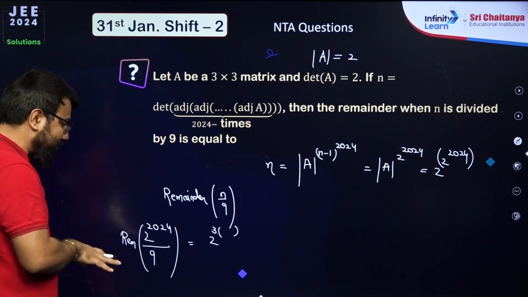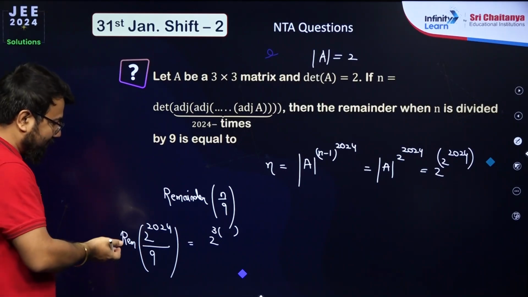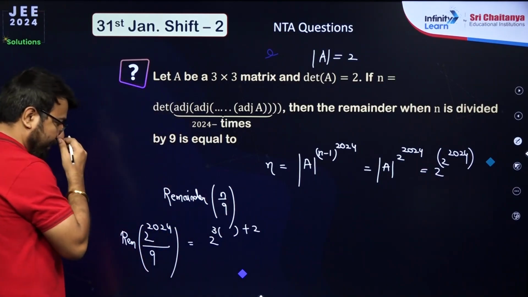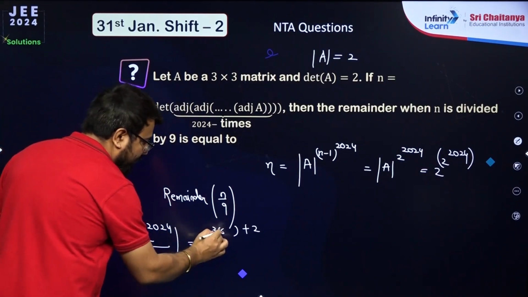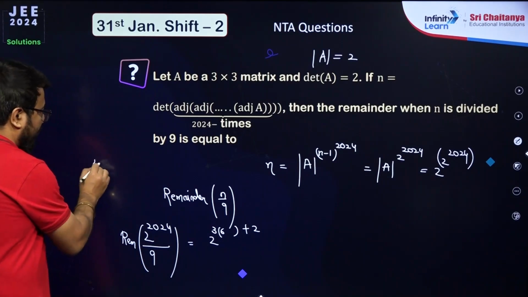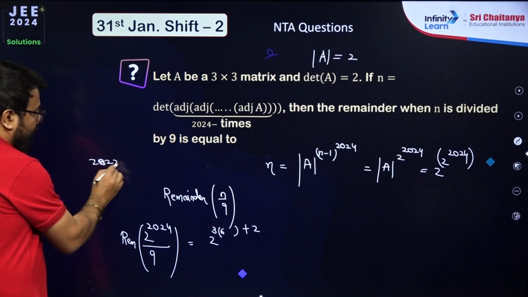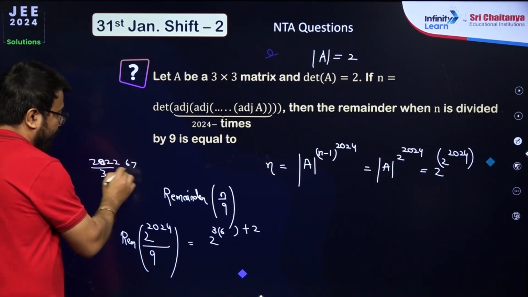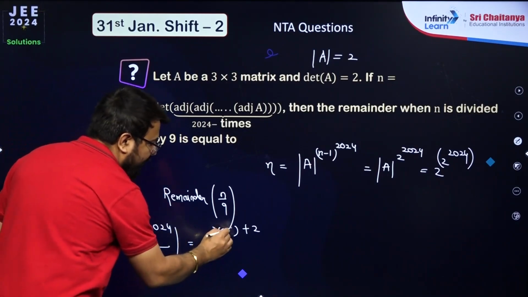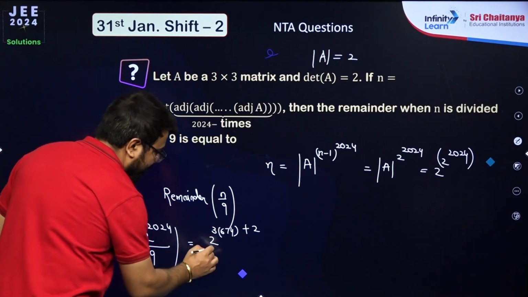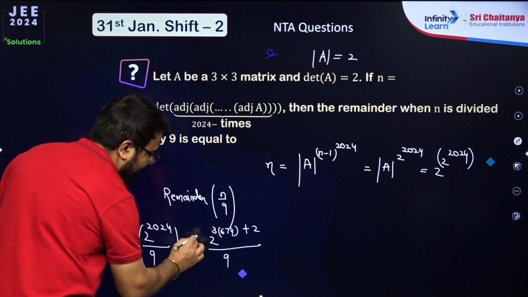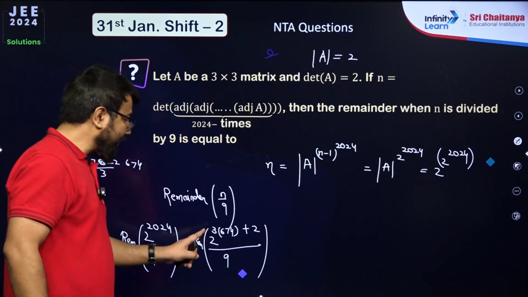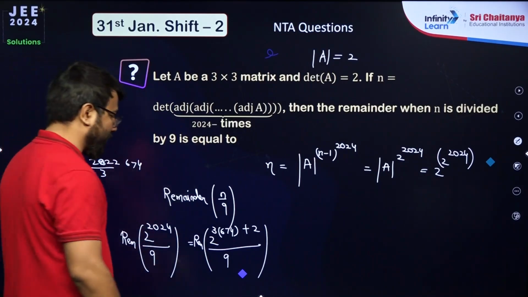It is 2022 plus 2. 2022 divided by 3 gives 674. Here we need the remainder when it is divided by 9. Okay, this can be written in this way. So it is 8 raised to the power 674.